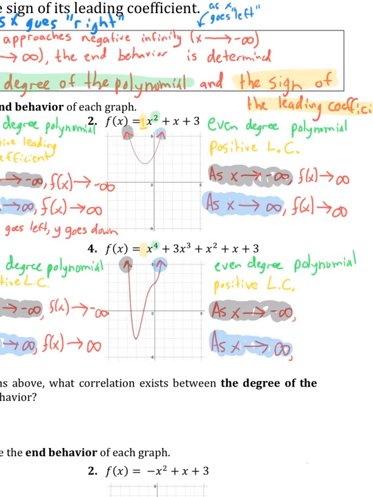And so that means as x is going to negative infinity, f of x is going to positive infinity, because it's going up. As it's going to the right, this function's also going up, so it's going to positive infinity. That's what the end behavior means. In a nutshell, that's what it's going to look like.